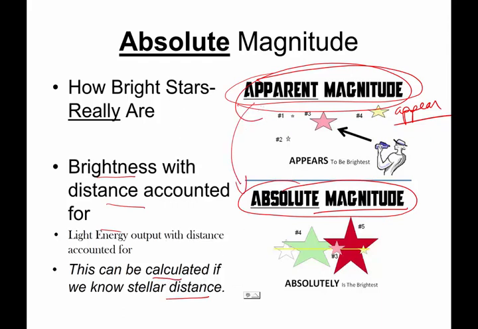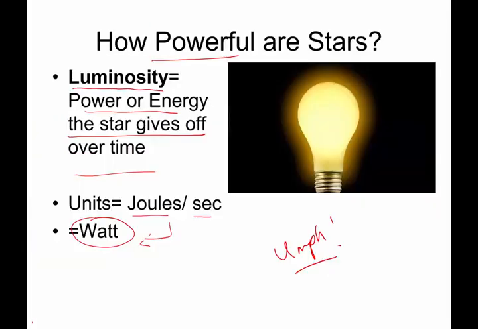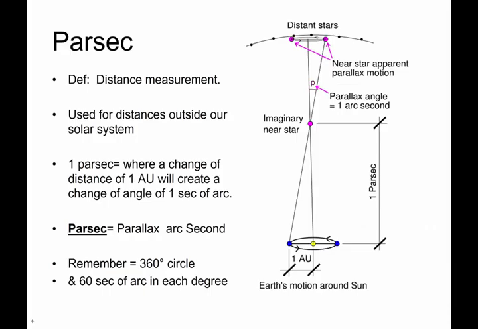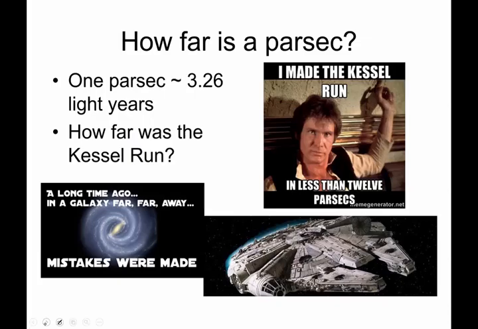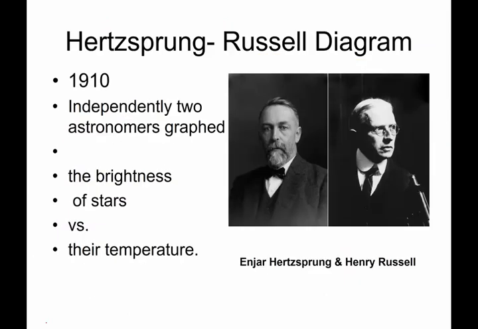But in order to do this, we need to know stellar distances. How far away are stars? That takes us back to the triangulation method up here, which is used by these satellites and measured with parsecs. We need all of this information in order to determine how bright stars really, really are.